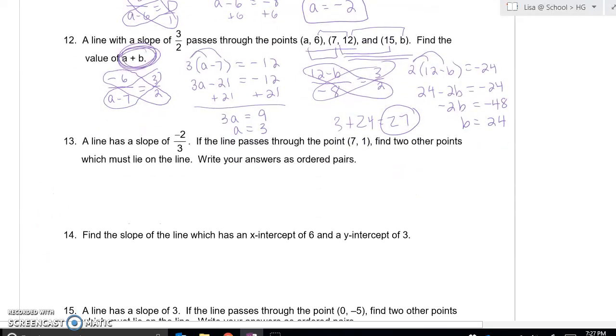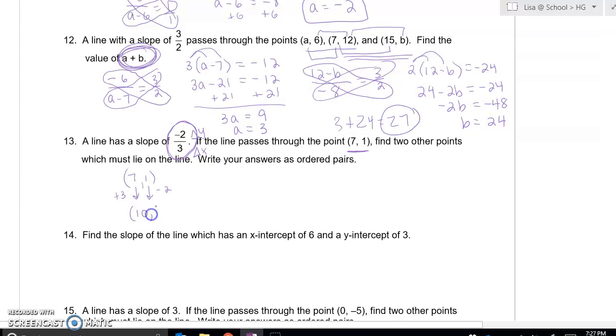Number 13, if a line passes the point 7, 1, we can simply take the point 7, 1 and make changes to it according to slope. Remember, the -2 is the change in y, so I'm going to put delta y there. So I'm going to change the y coordinate by that number, -2. And then the change in x, delta x, is 3. So I'm going to add 3 to 7.